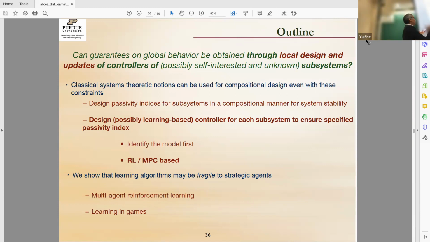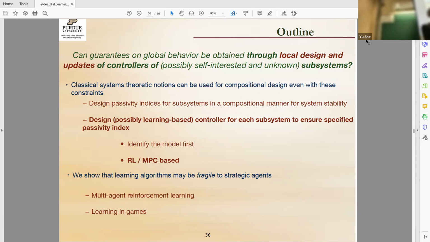So one way to think about the next part is, if you are excited about reinforcement learning, I give you a system, you go and design your reinforcement learning based controller. Then I come back and say, well, this controller is very nice, but what I would like you to do is also ensure that the closed loop system is dissipative.